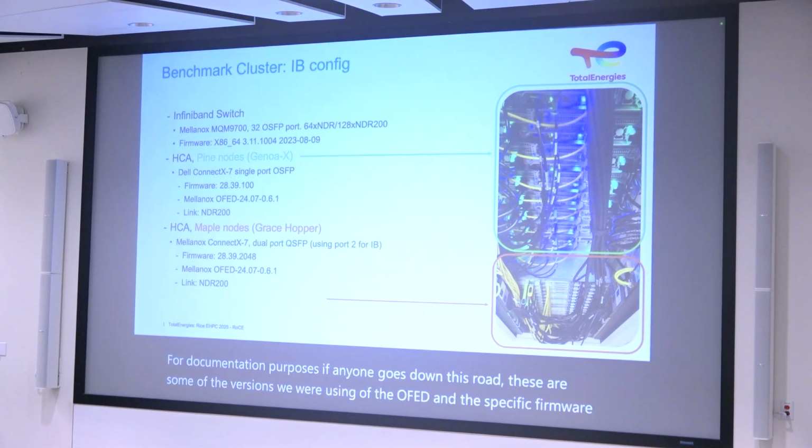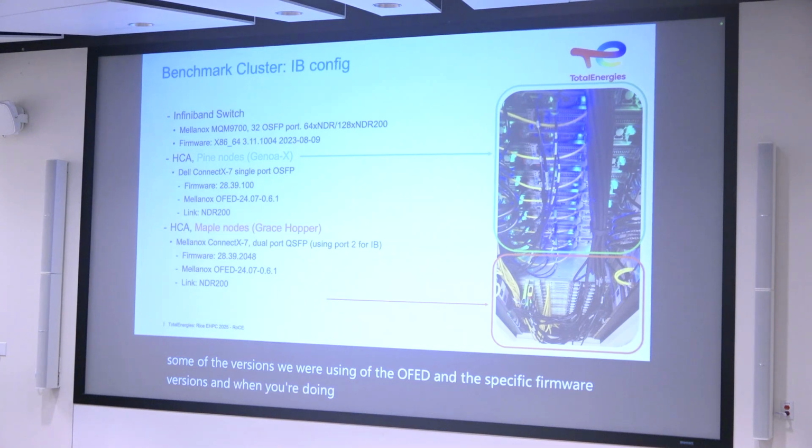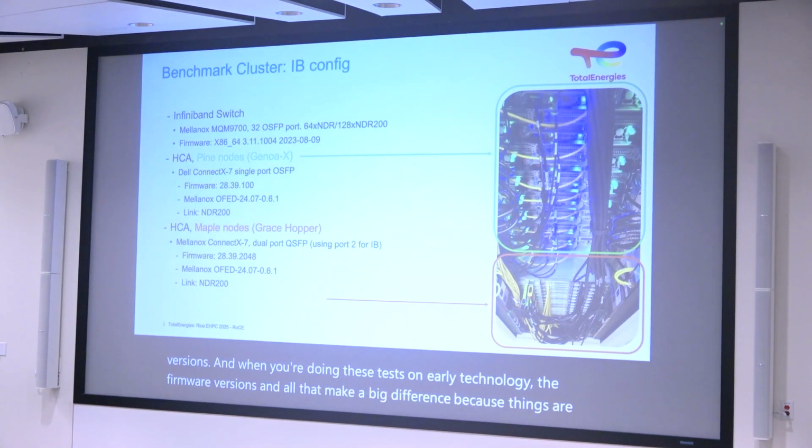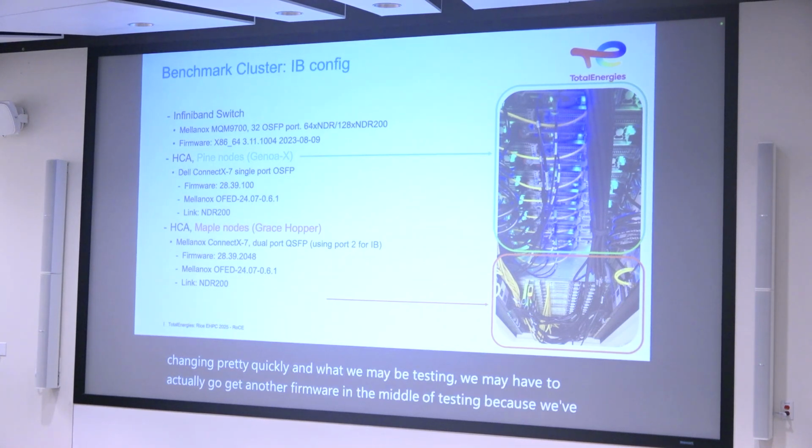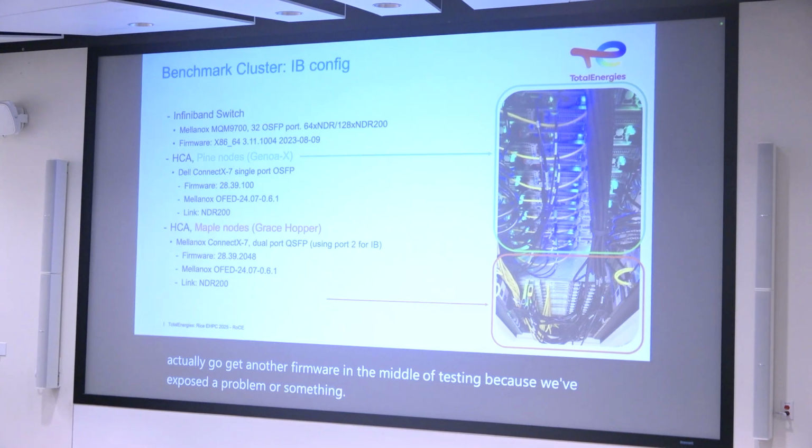And when you're doing these tests on early technology, the firmware versions and all that make a big difference, because things are changing pretty quickly. What we may be testing, we may have to actually go get another firmware in the middle of testing because we've exposed a problem or something. So yeah, we have a Genoa X cluster, pure CPU, and then a Grace Hopper cluster.